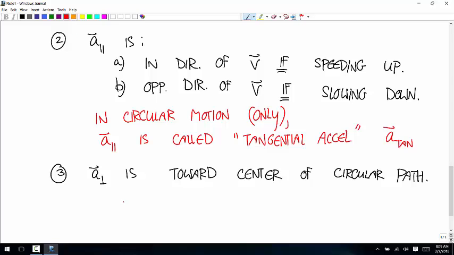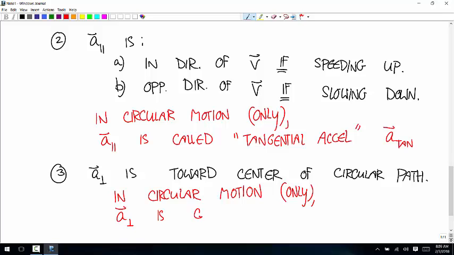And in circular motion, and only in circular motion, A-perpendicular is called the centripetal acceleration.